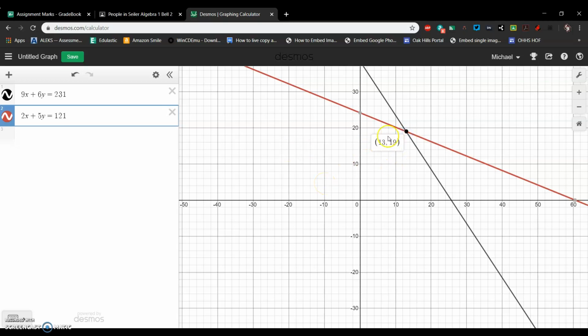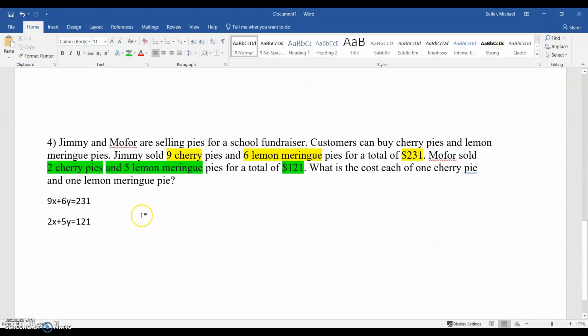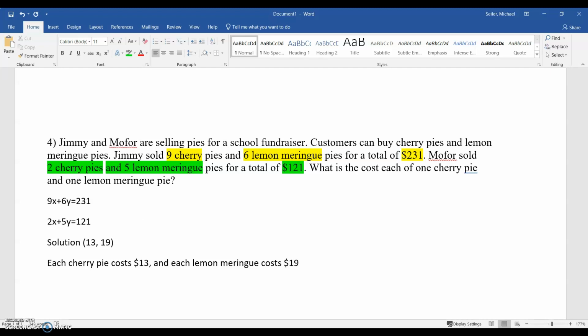If we look at this intersection, it's at (13, 19). So our solution for this one was (13, 19). So I know that each cherry pie costs $13, and each lemon meringue costs $19. Okay, pretty quick, pretty easy.